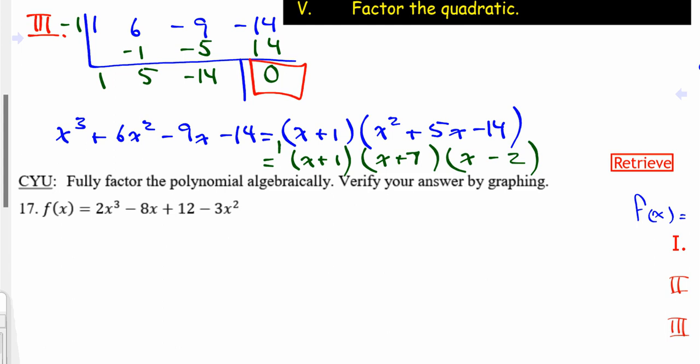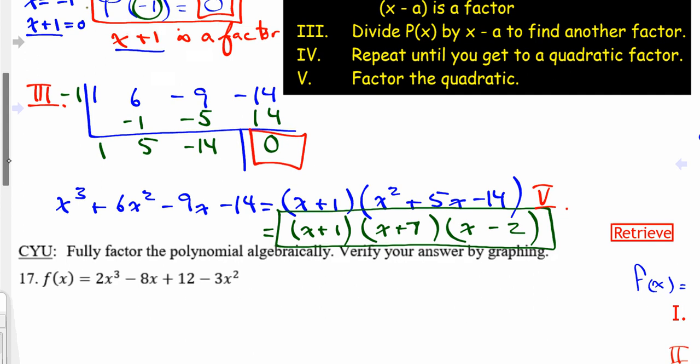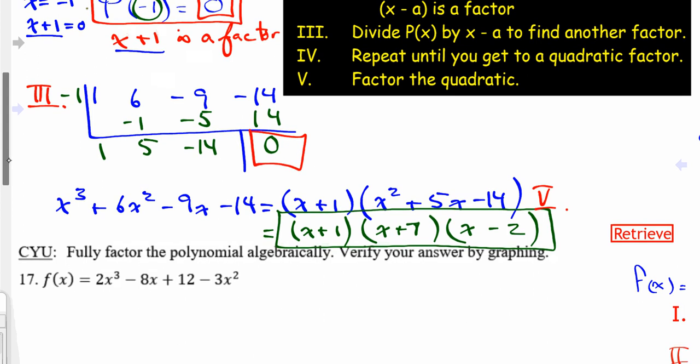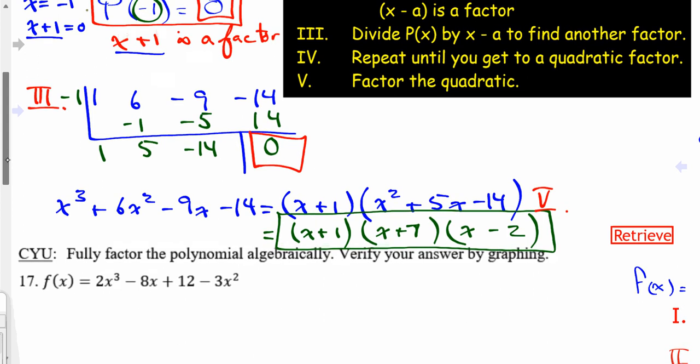And there we have our factored form for our original polynomial. So this was step 5 here, factoring the quadratic. What was step 4? Oh, repeat. We didn't have to repeat because we just had a quadratic at this point. Good?